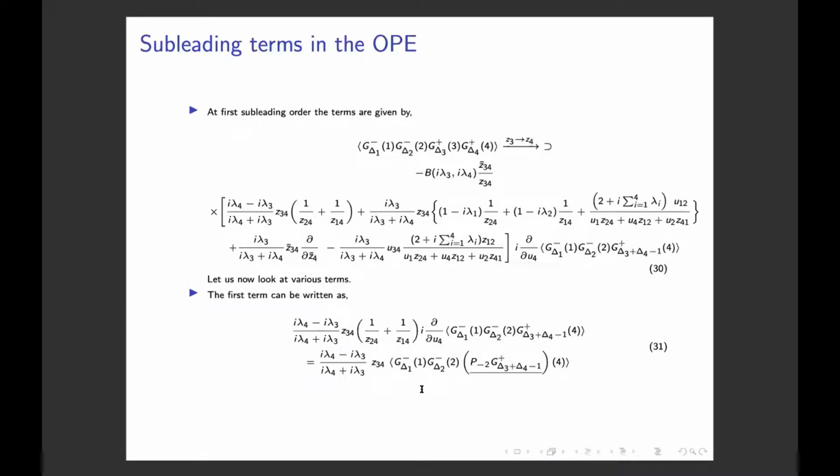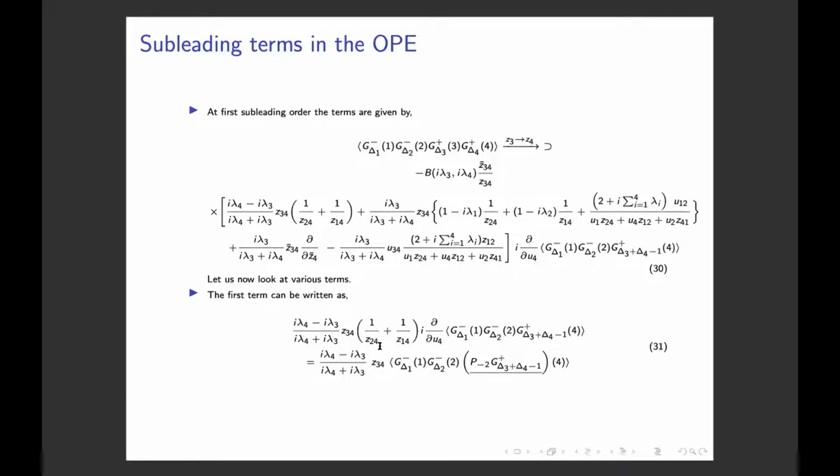Okay, now the first term, let me define something which I call P minus 2 acting on g plus, and let me write the first term in this way. So this is the most interesting term actually, because this is not the one.